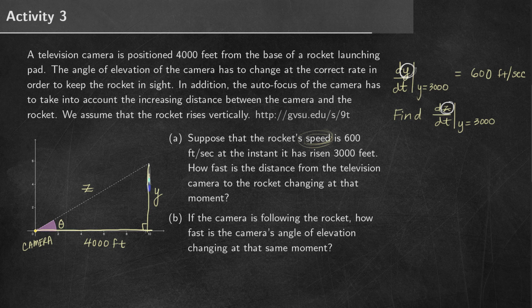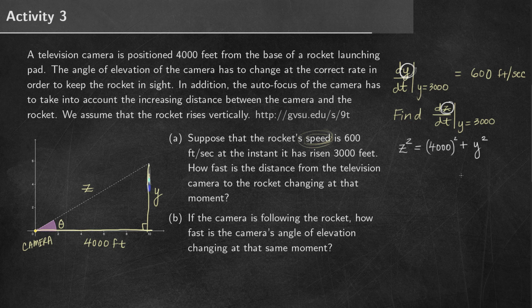So I see that since I have a right triangle and I want something that involves all three sides of this right triangle, I'm going to use the Pythagorean theorem. I know that leg squared plus leg squared equals hypotenuse squared. So I've got z squared equals 4,000 squared, it's going to be a large number, plus y squared. Okay, there's my step 3.